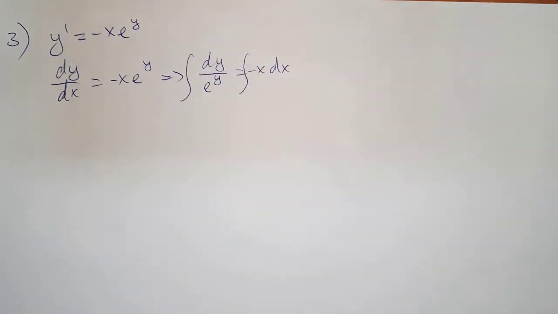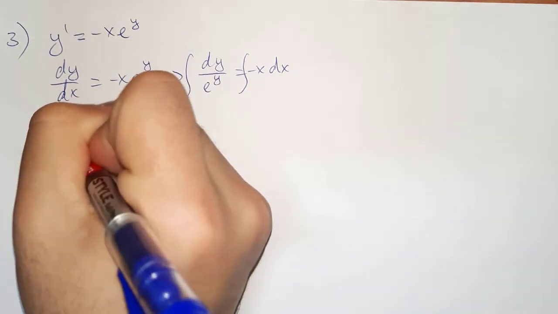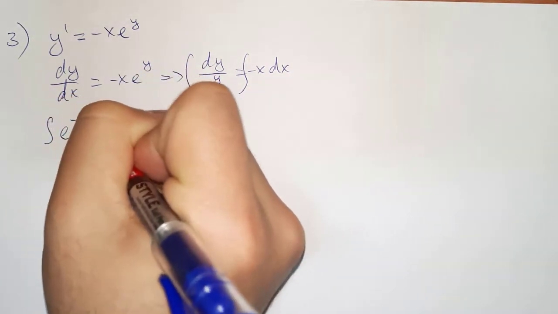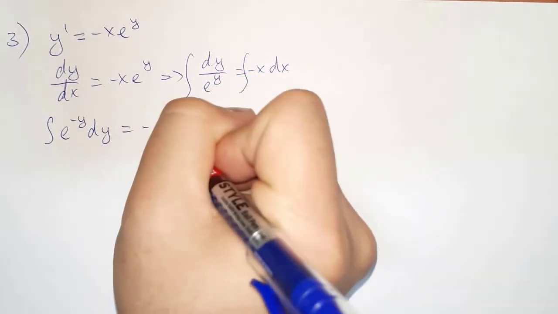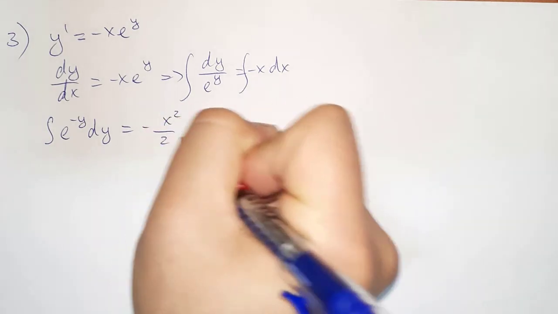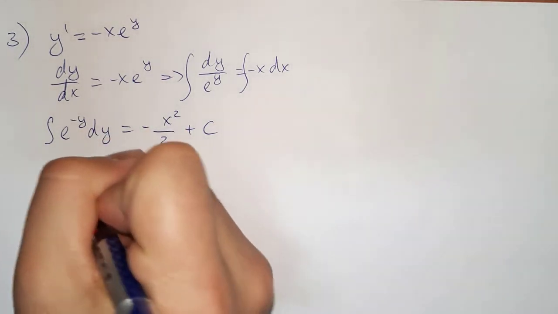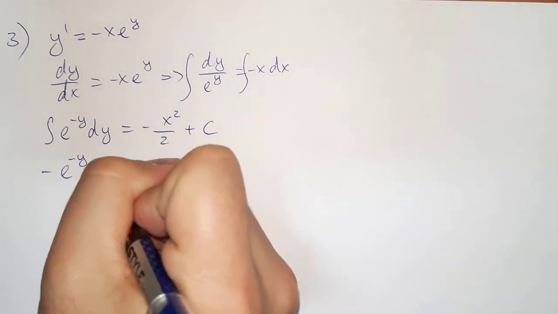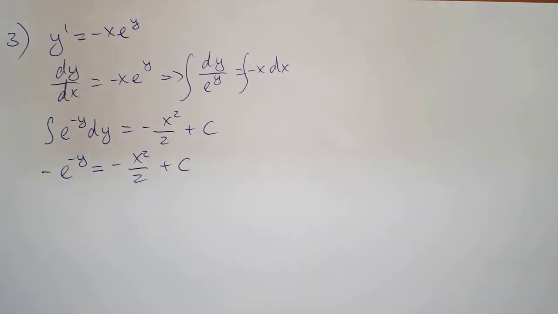Let's integrate, and we get the integral of e to the power of minus y dy, and now it will be minus x squared over 2 plus c. And this one is also minus e to the power of minus y, and it equals minus x squared over 2 plus a constant.